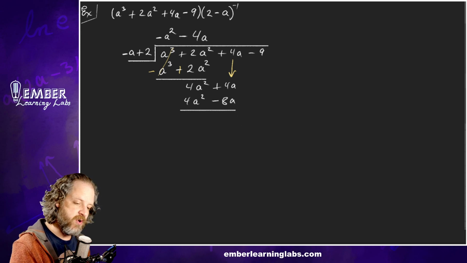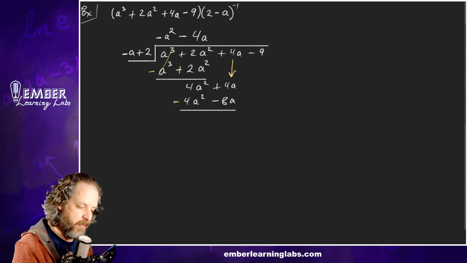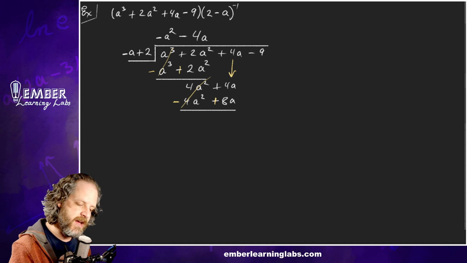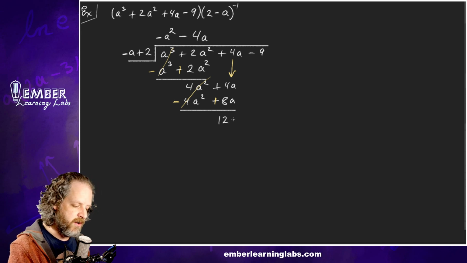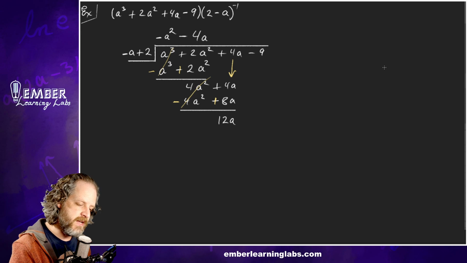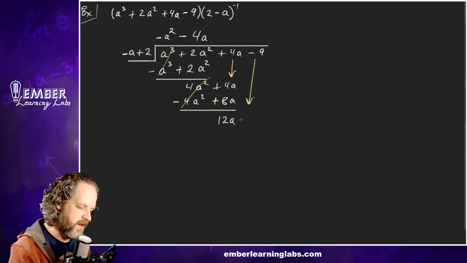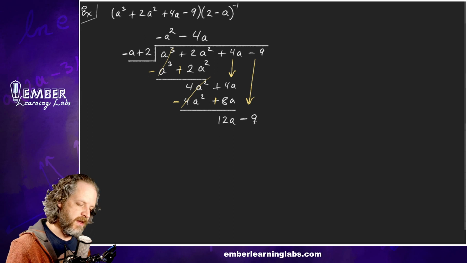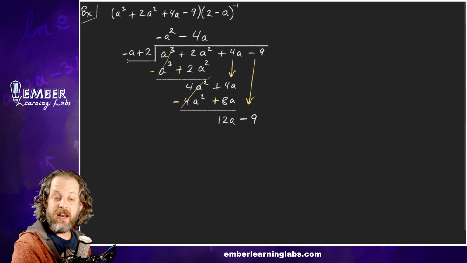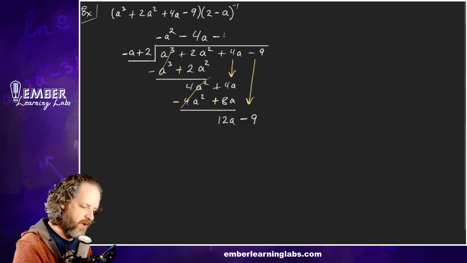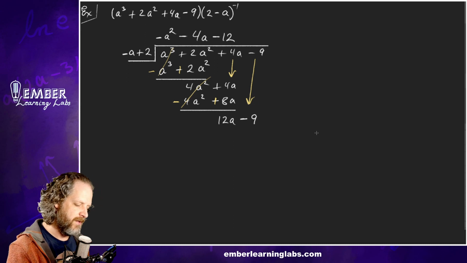Then we're going to subtract, which means flipping both signs. That cancels. Great. 4a plus 8a is 12a. We're going to bring down our minus 9. And then negative a goes into 12a, negative 12 times.